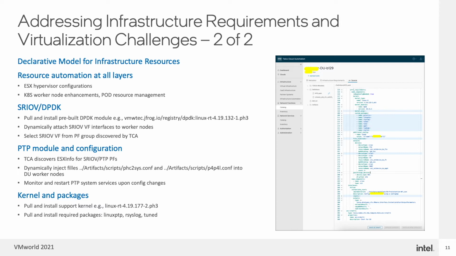Additional examples could also include the SR-IOV configuration or a specific DPDK patch, and the PTP configuration that would be required to match the real precision time requirements of DU workloads.